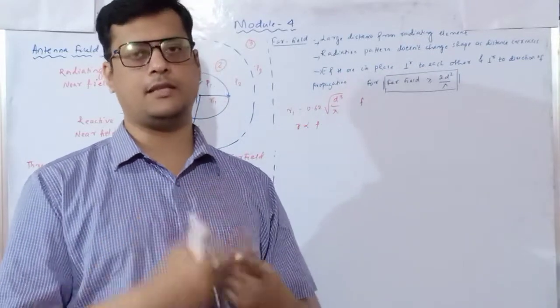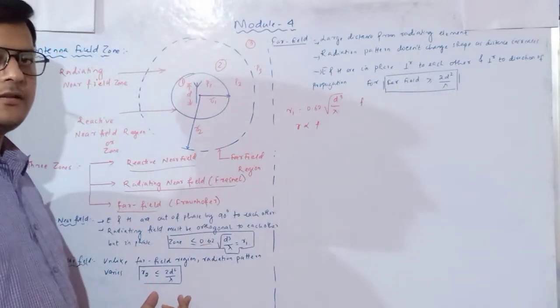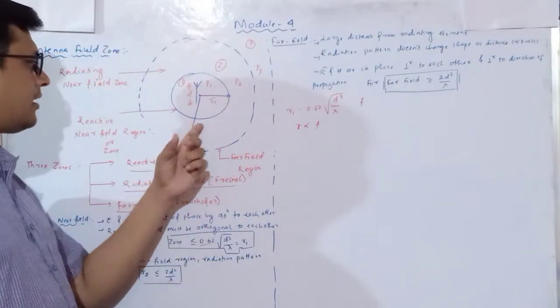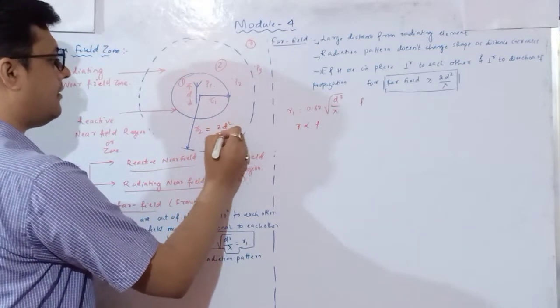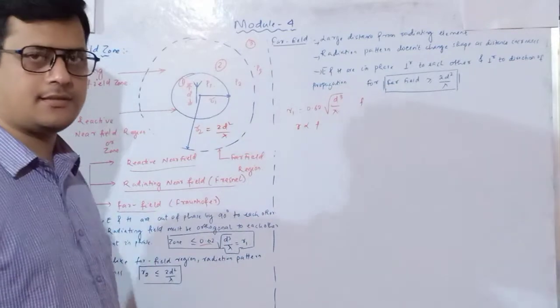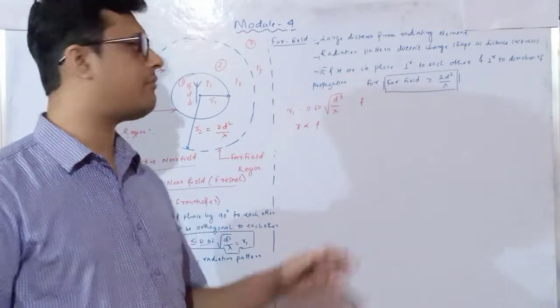And what is that particular distance? Your distance must be greater than 2D squared by lambda, because R2 is 2D squared by lambda. If it is greater than this distance, then it enters the Fraunhofer region or Fraunhofer zone.